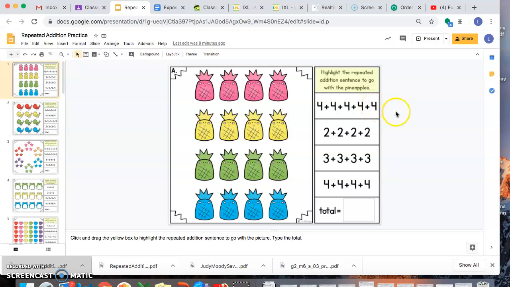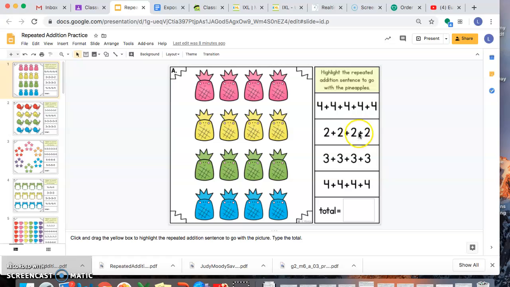Now, if I was rushing through my work, which I know none of my students are going to do, I would have probably chose this answer because I just saw a lot of 4s and I just counted 4s, right? But this is telling me that I have 1, 2, 3, 4, 5 groups of 4. I don't have 5 groups of 4 in this picture. I only have 4 groups of 4.